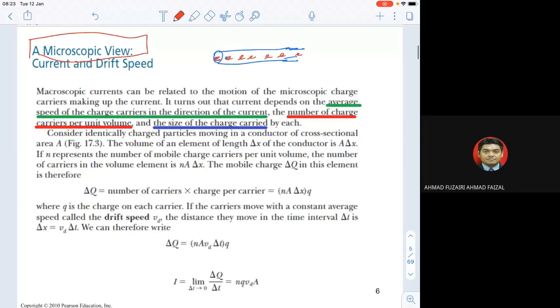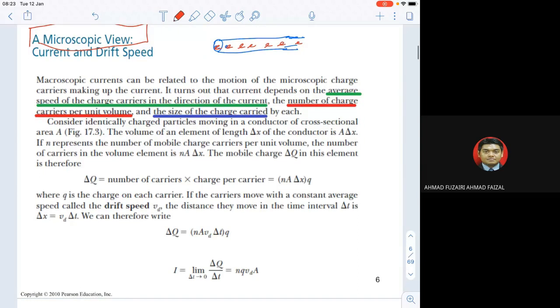So on the macroscopic level, current can be related to the motion of microscopic charge carriers making up the current. It turns out that current depends on the average speed of the charge carriers in the direction of current, the number of charge carriers per unit volume, and the size of the charge carried by each. Now you have three things inside the current.